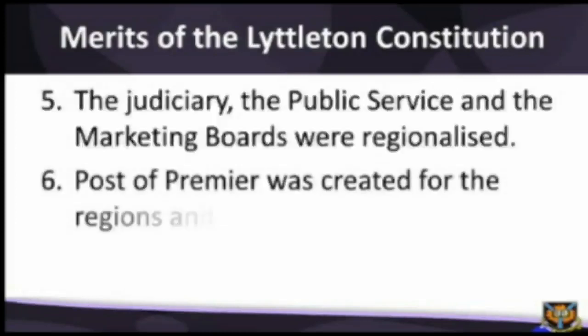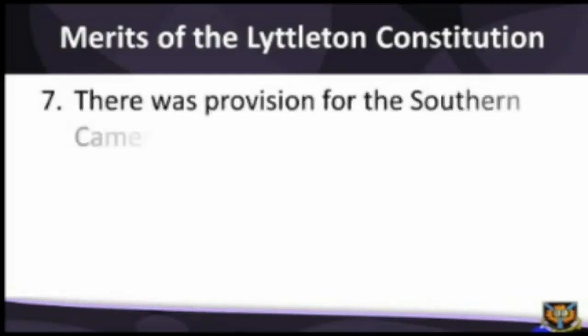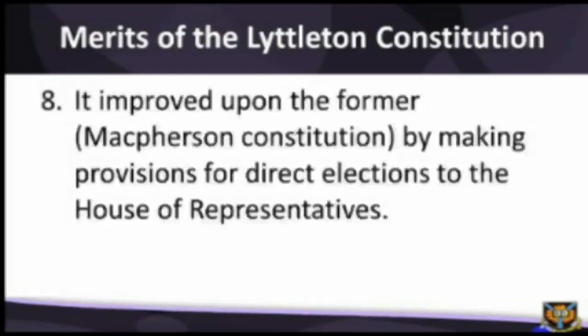The judiciary, the public service, and the marketing boards were regionalized. The post of premier was created for the regions, and these premiers were Nigerians. There was provision for the Southern Cameroons to have its own House of Assembly.